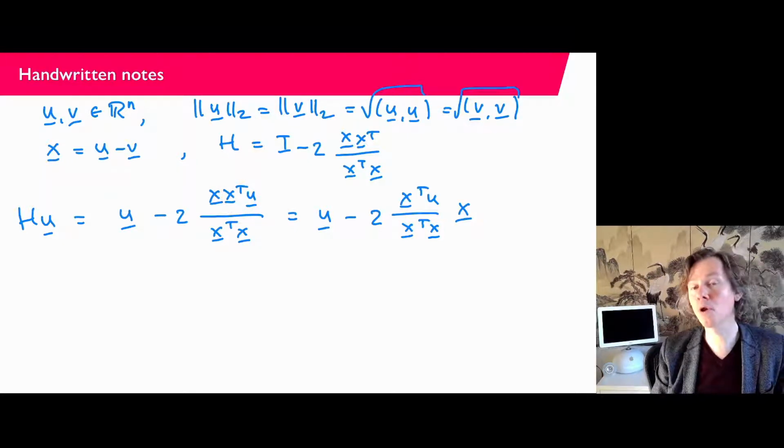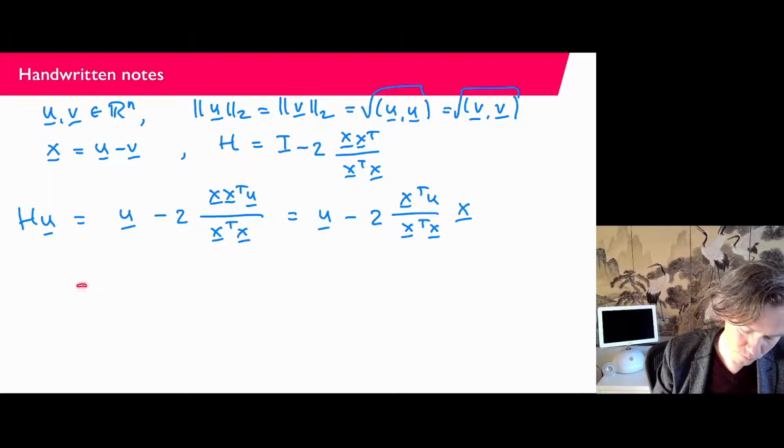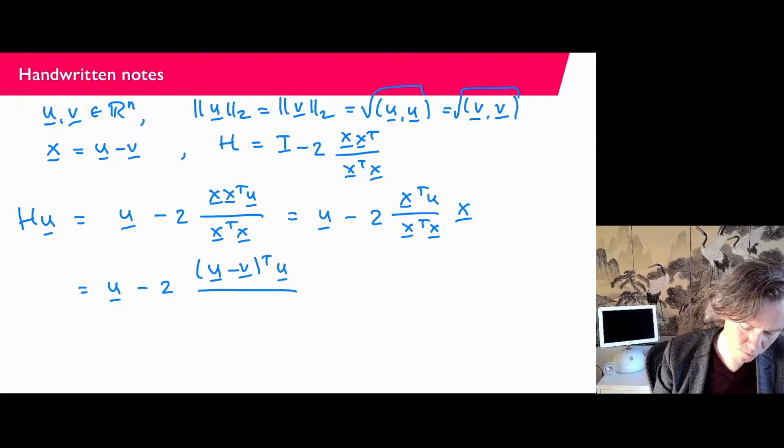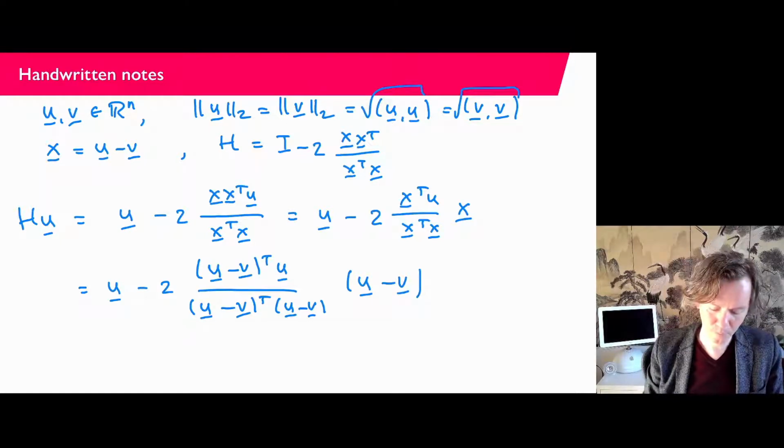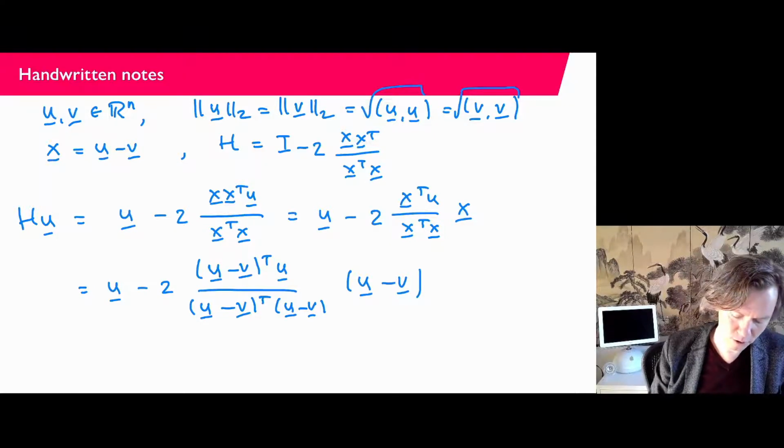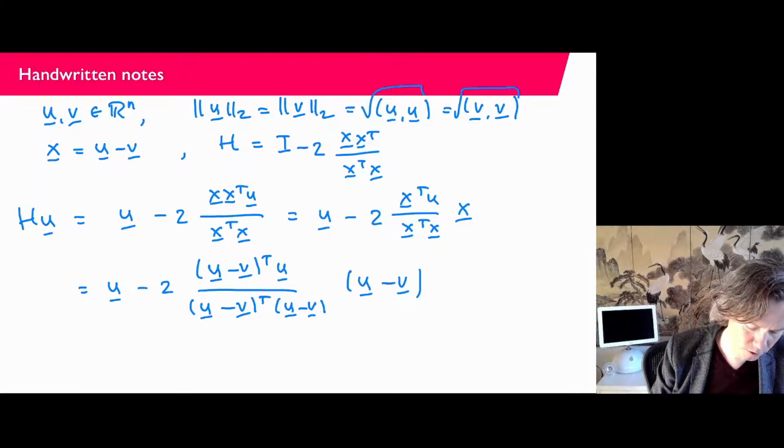And now I'm going to plug in our choice for x. So we have u minus 2, and here we made the choice u minus v transpose u over u minus v transpose u minus v times u minus v. Okay. And this is the same as u minus 2.